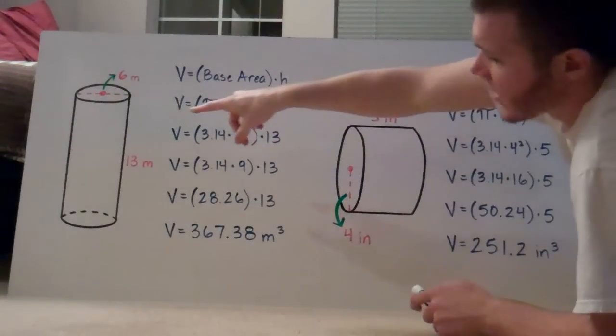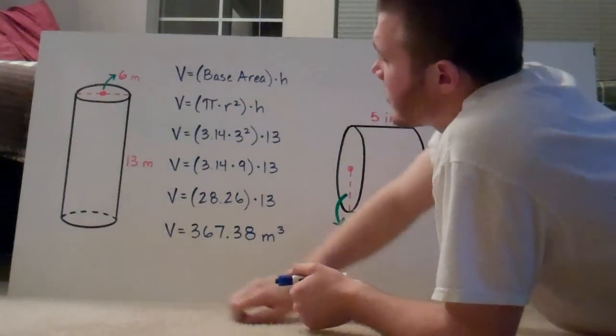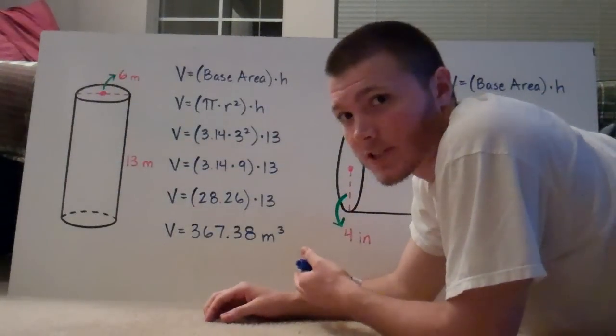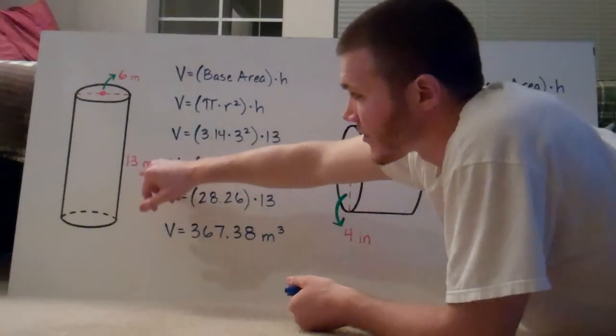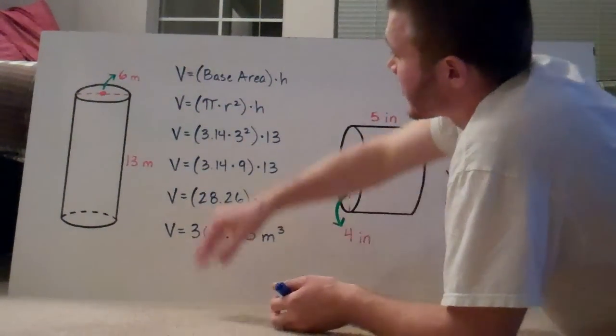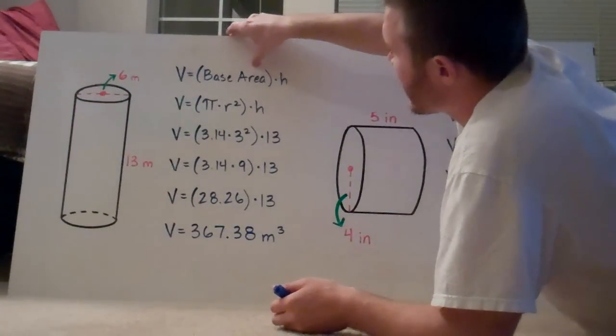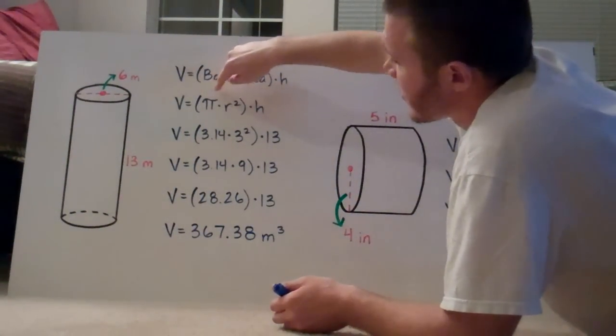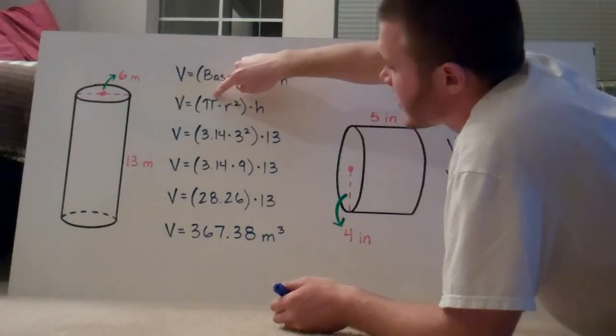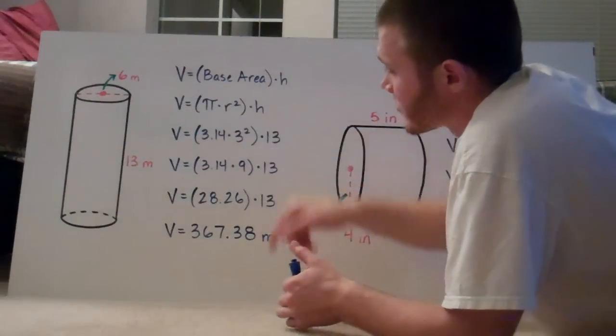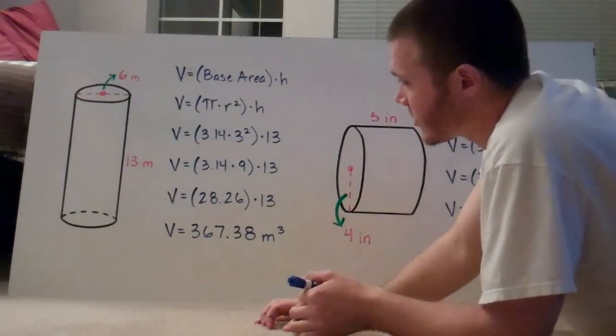Okay, I've got a cylinder right here on the left. It's got a diameter of 6 meters, and it's got a height of 13 meters. So we need to find the volume. I'm going to do area of the base times the height. Well, the area of the base is just the area of a circle. So write this down, put a star next to it.